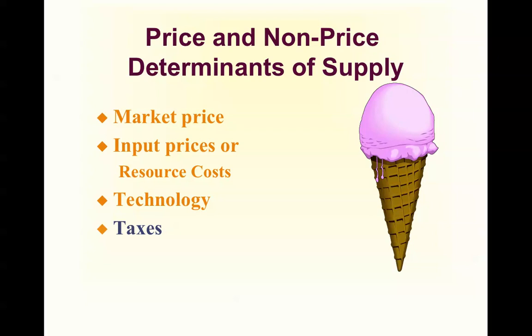Taxes are what the government places on the product, and that will not be the change in the price. That will be what the government puts on. So this too is going to be a shift, usually a shift to the left. And finally, number of producers. If there are more producers, more supply. Fewer producers, less supply.